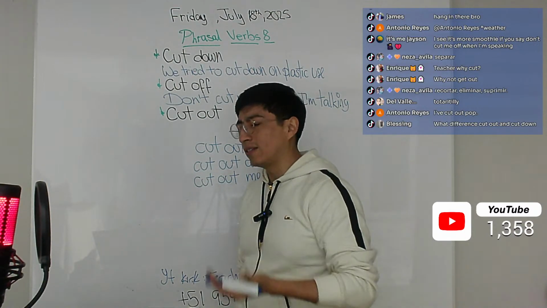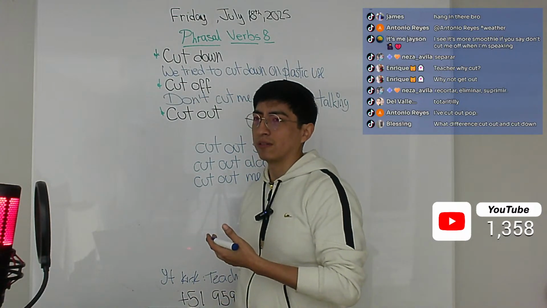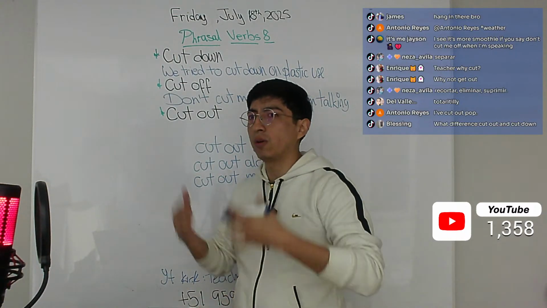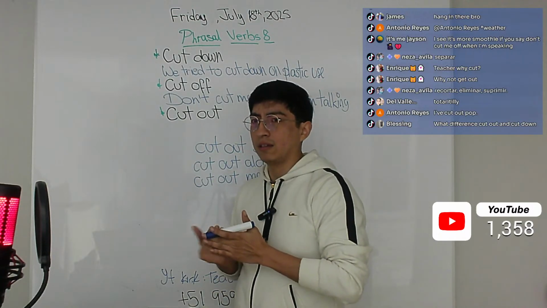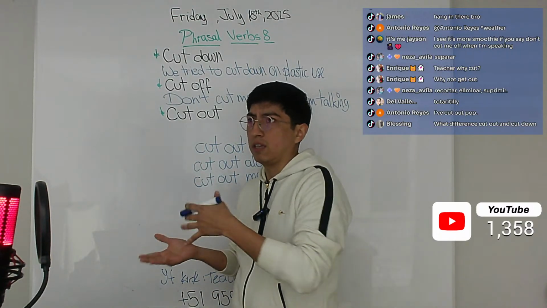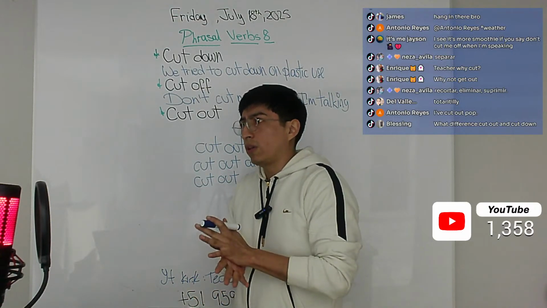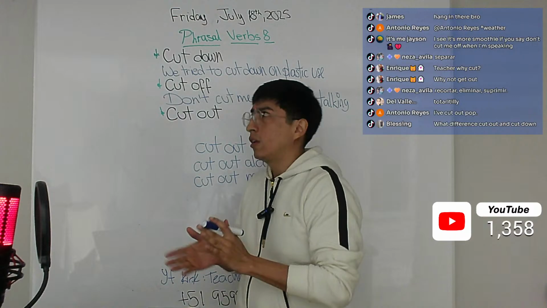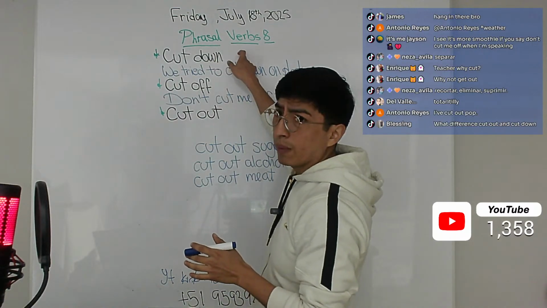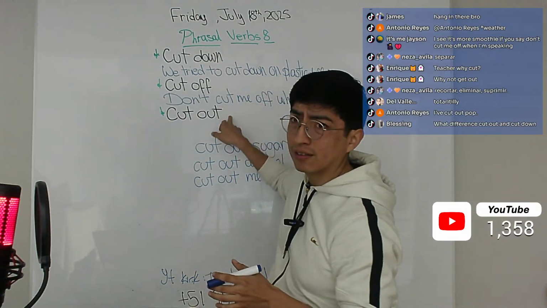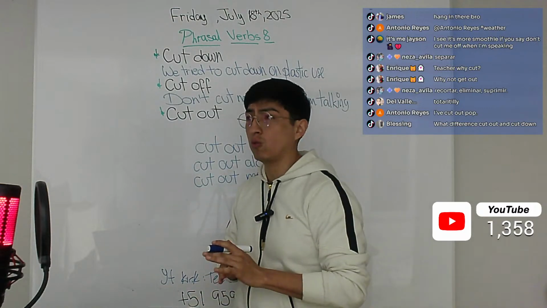But guys, it is not necessary to go into that now. You don't need to be an expert in linguistics. What you have to do now is just to know that here we need a preposition and here it isn't necessary. That's all that you need to know.